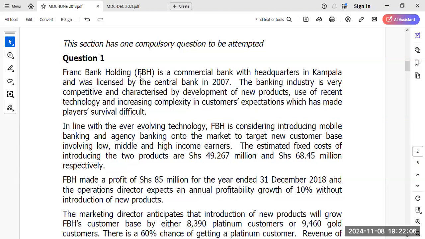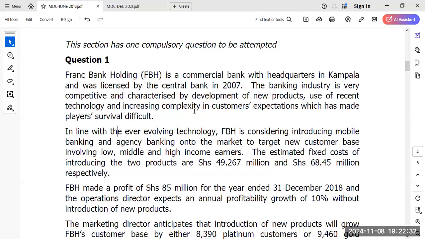So, FBH is a commercial bank with headquarters in Kampala and was licensed by the central bank in 2007. The banking industry is very competitive and characterized by development of new products, use of recent technology, and increasing complexity in customers' expectations, which has made the players' survival difficult.